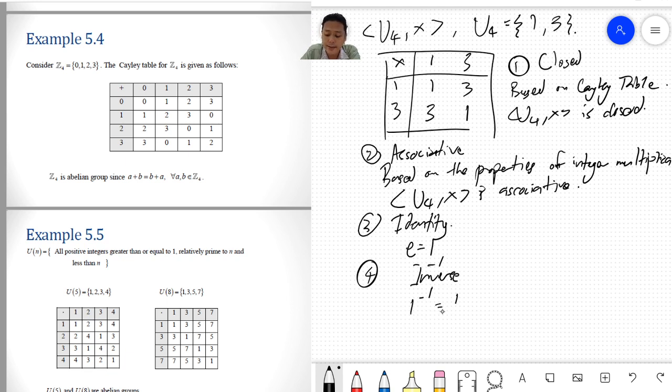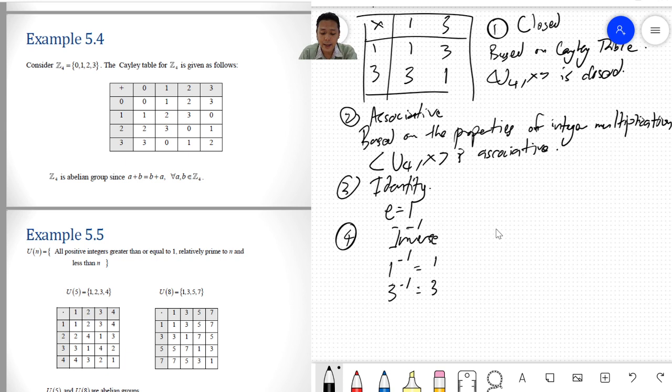It is 1 itself. For the case of 3 inverse, it's 3 itself. The inverse exists, and based on this working, we can conclude that U4 under multiplication is a group.